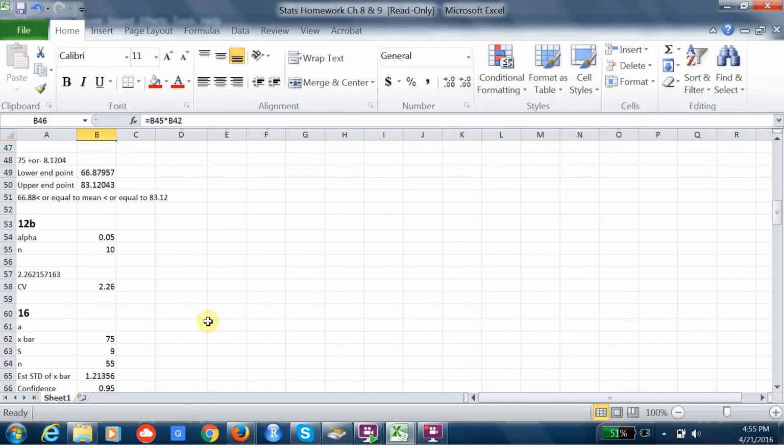Yeah, and for 12, let's see, I believe we want the critical value. Okay. Let me see real quick. For some reason, my value is a little different. Let's see.